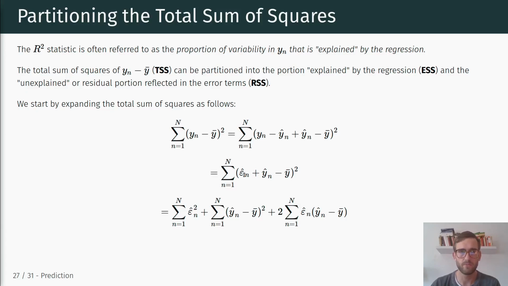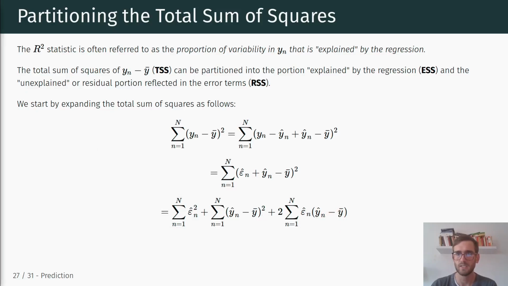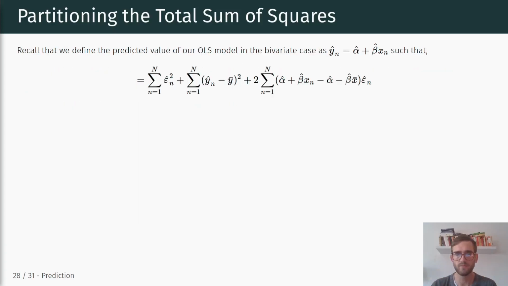Okay, so if epsilon hat is a and y hat n minus y bar is b, then we can multiply this out, and separating the sums as well, we get the sum of epsilon hat n squared plus the sum of (y hat n minus y bar) squared plus 2 times the sum of epsilon hat n times (y hat n minus y bar). Okay, so this is just applying this basic quadratic formula.